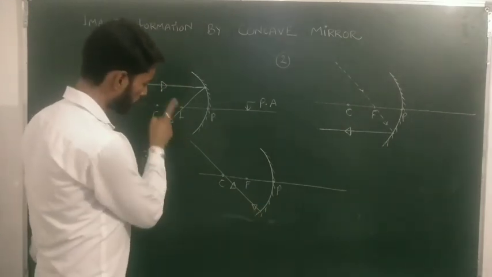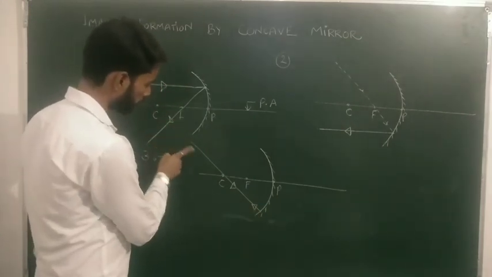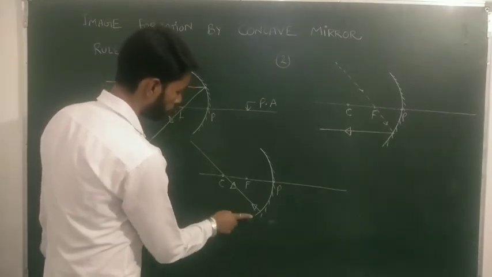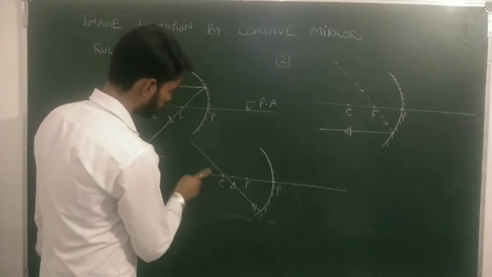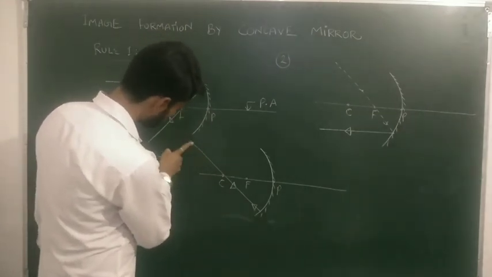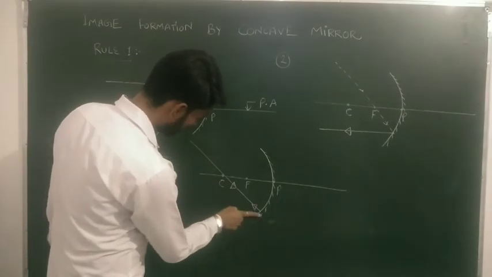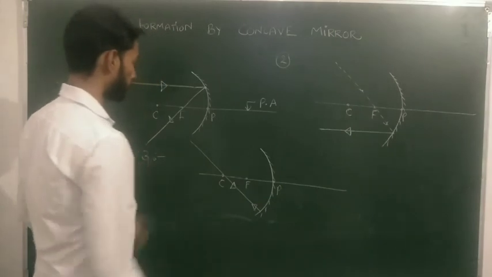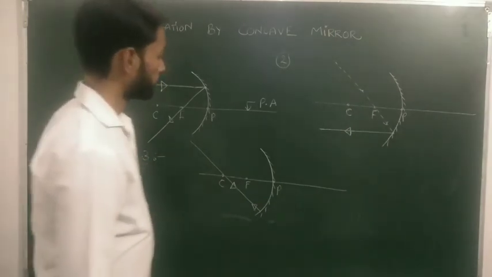If the ray of light goes straight, after reflection it goes straight. So this is the third rule.